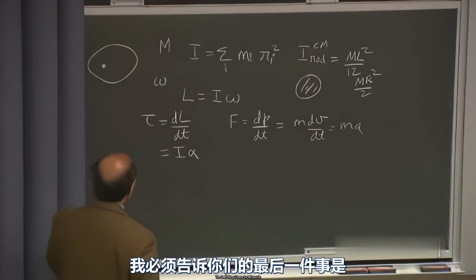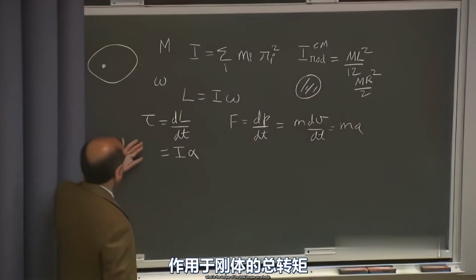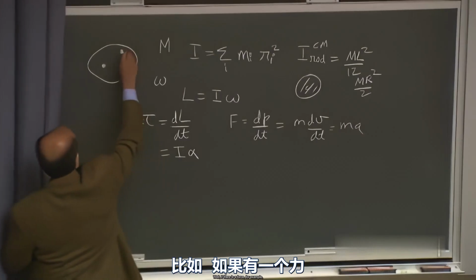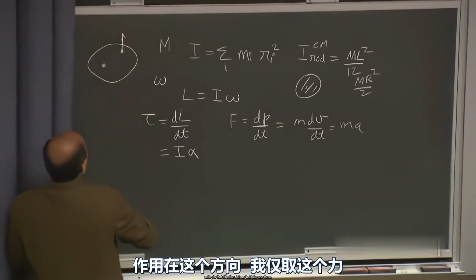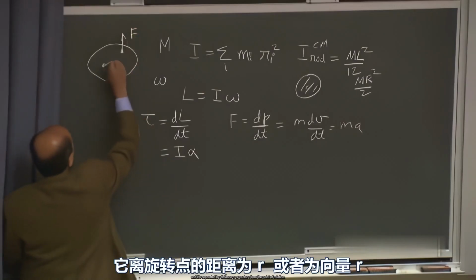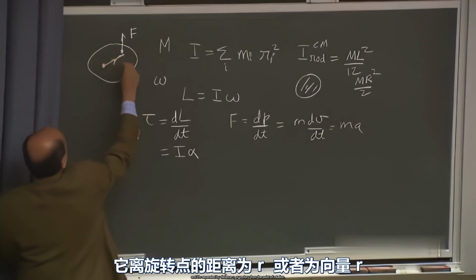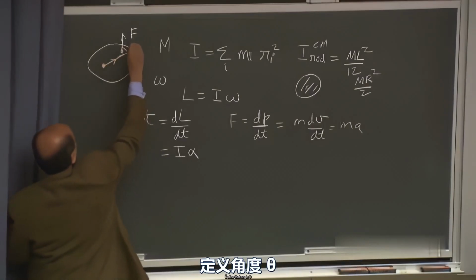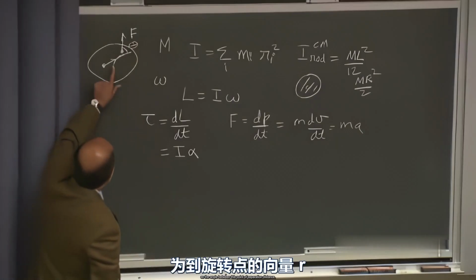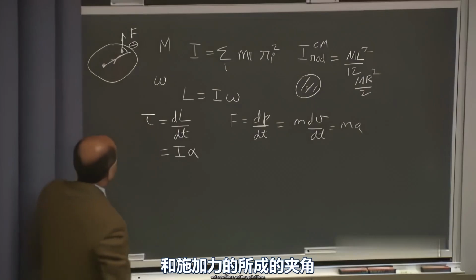Last thing I have to tell you is, what is the torque, or the total torque on a body? Well, if there is a force, for example, acting in that direction, let me just take one force, then it's separated by a distance r, or a vector r, from the point of rotation. Define that angle theta as the angle between this separation r and the applied force.